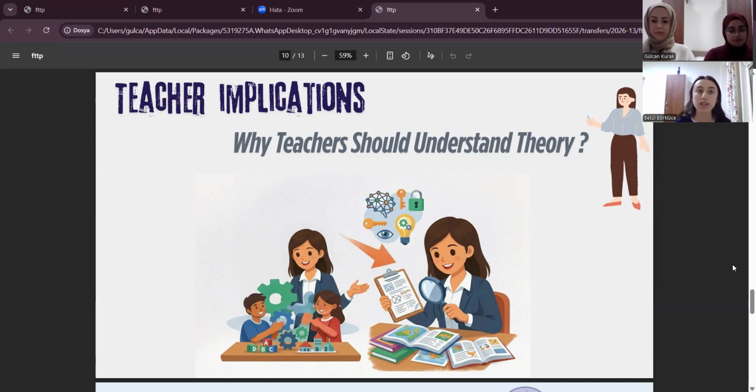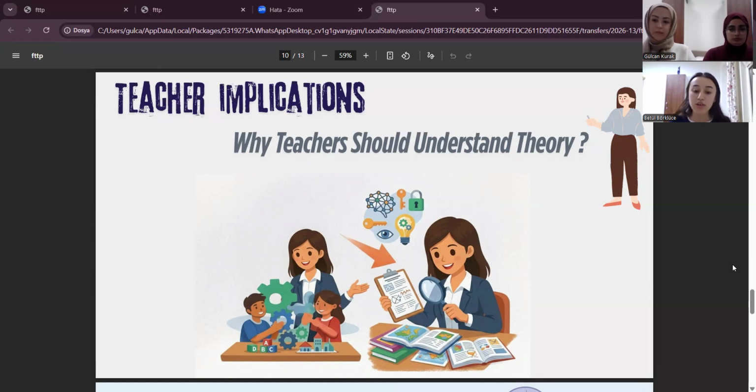Teachers can evaluate whether the materials are suitable for the students or not. Also, teachers can adapt and redesign the materials according to the students' needs. Because not all materials are perfect, teachers need to modify them to create a more meaningful environment in the classroom.